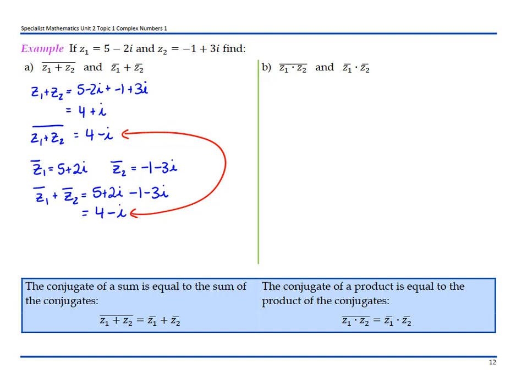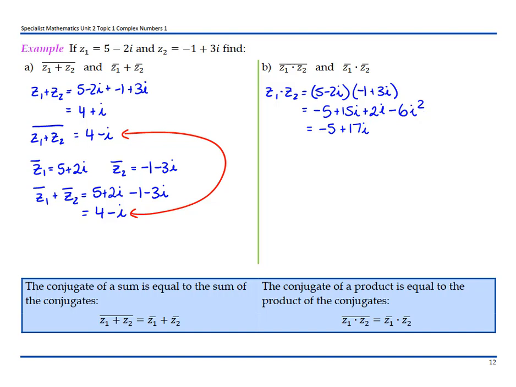Next one, the conjugate of Z1 times Z2. So firstly, Z1 times Z2 would be 5 minus 2i times -1 plus 3i. That's -5 plus 15i plus 2i minus 6i squared, which is negative 5, 15 plus 2 is plus 17i.